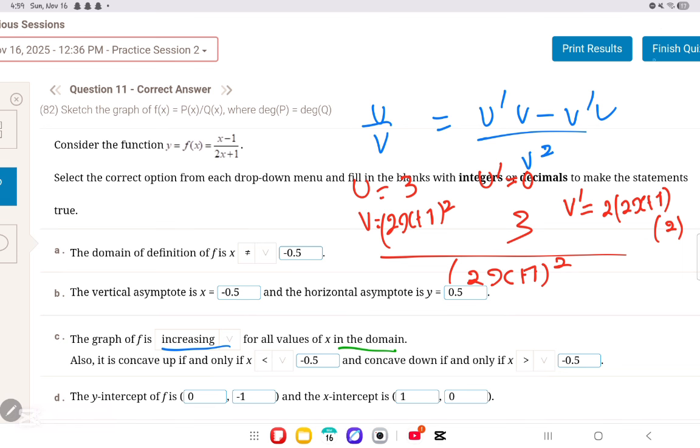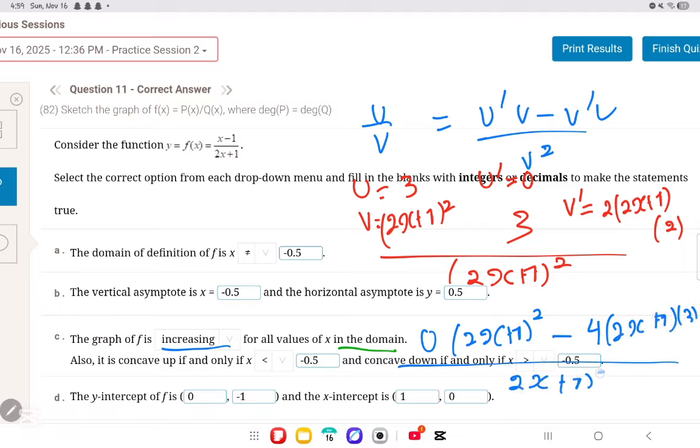Okay, so now I need to do u prime v minus v prime u. So 0 times 2x plus 1 squared, minus v prime u, 4 times 2x plus 1 times 3, all of it over 2x plus 1 squared, all squared. This goes bye-bye.